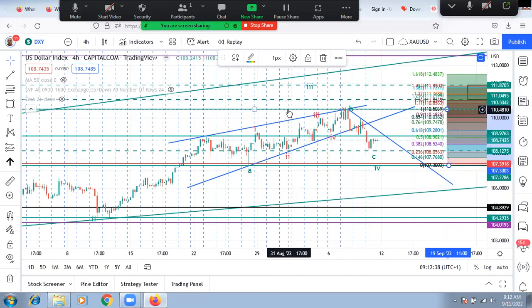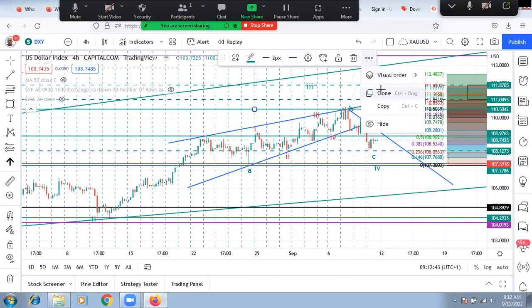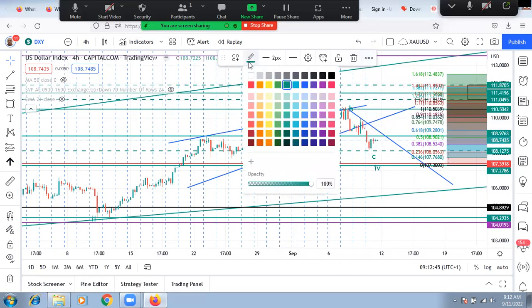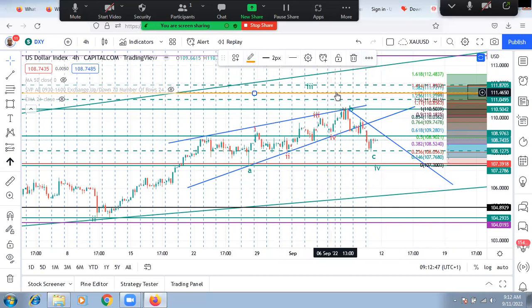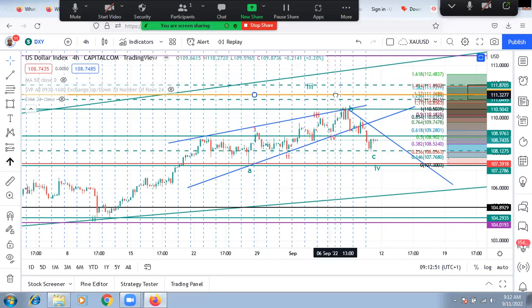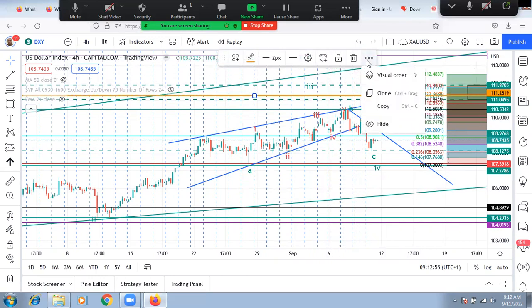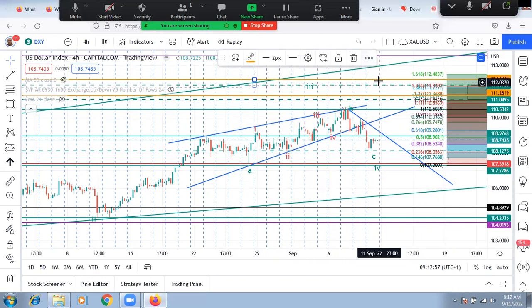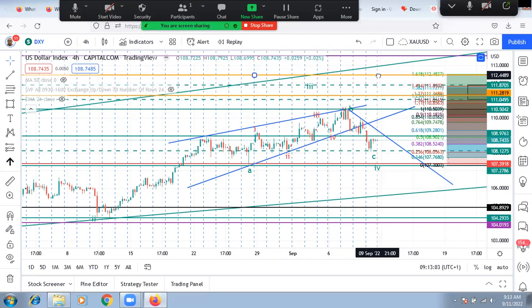Let me use something. So if that works out like that, you might be seeing this: a 123, which is in the middle of that, and a 161.8, where we are likely to be ending 3 in this zone.